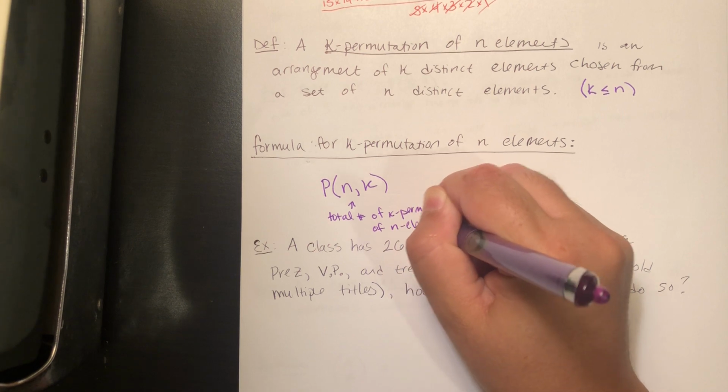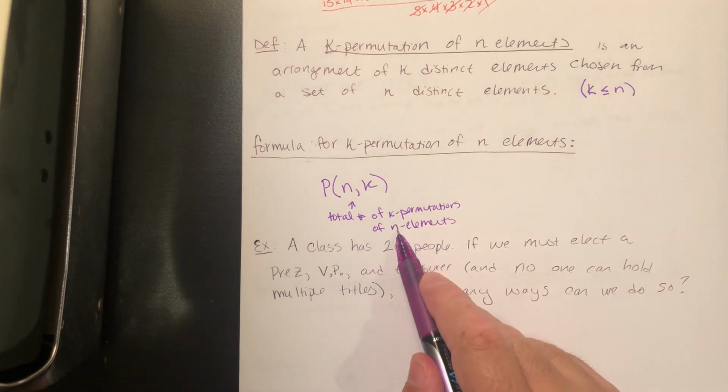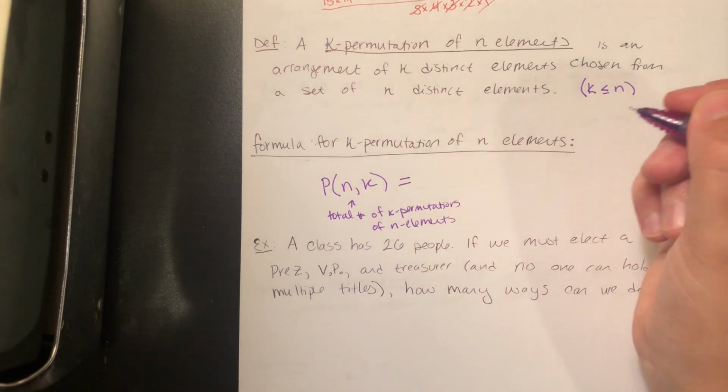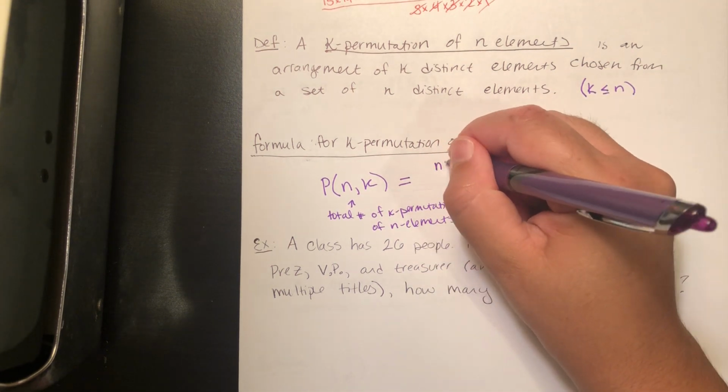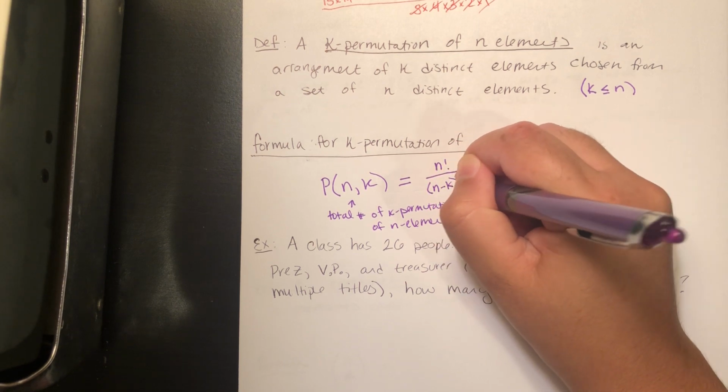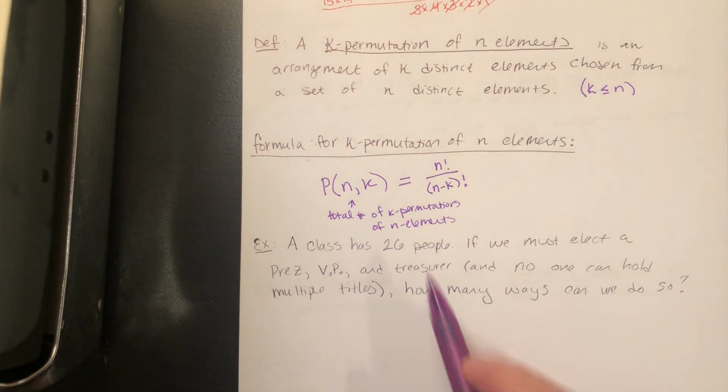This is the number of ways that you can pick K elements from a set of N elements and then arrange them in some order. And the number of ways to do this is going to be N factorial over N minus K factorial. So subtract N minus K first and then take the factorial of that.